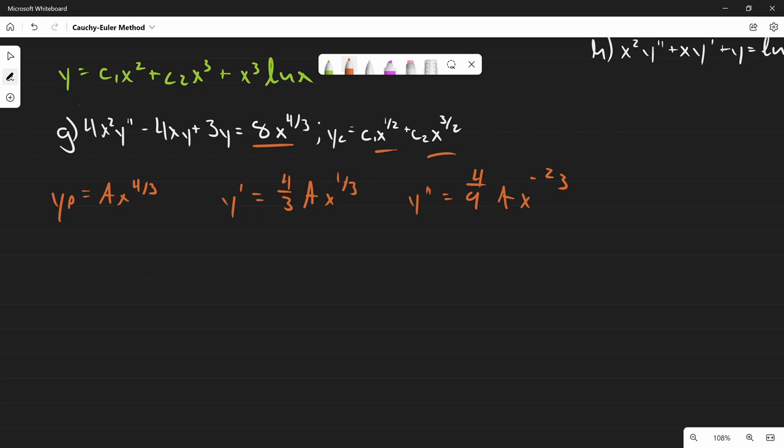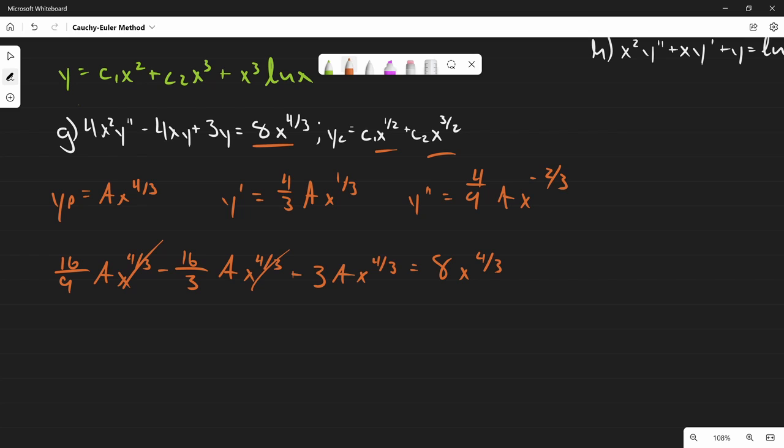So this will pretty much be 16 over 9 ax to the 4/3, minus 4 times another 16 over 3, ax, which would again also be to the 4/3, plus 3ax to the 4/3 is equal to 8x to the 4/3.